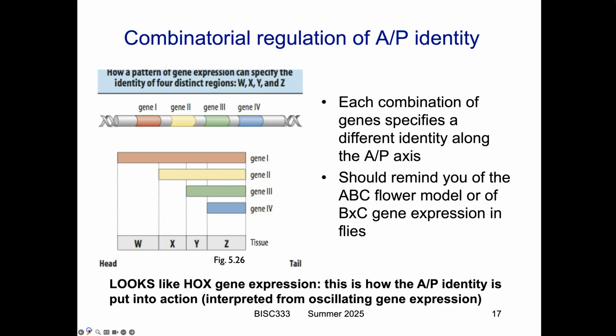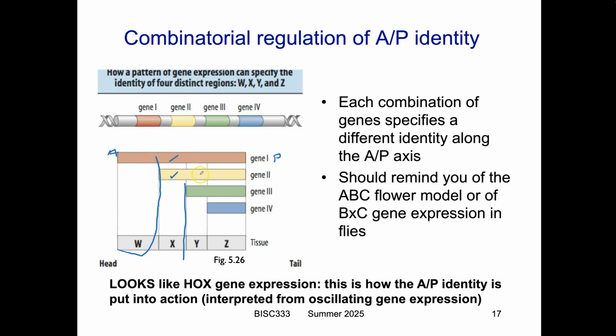So there is a particular anterior identity that is set by having just this gene expressed. And then further posterior, gene 3 turns on, and now we've got these 3. And so this is another region that is defined by having genes 1 and 2 turned on, but not the others, and so on.